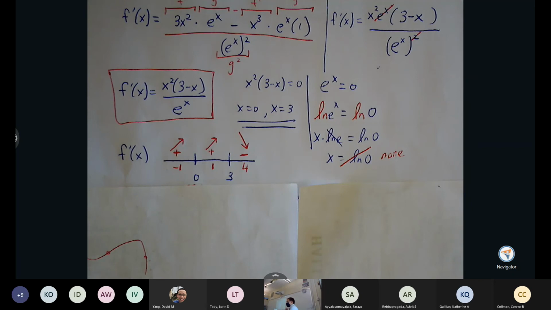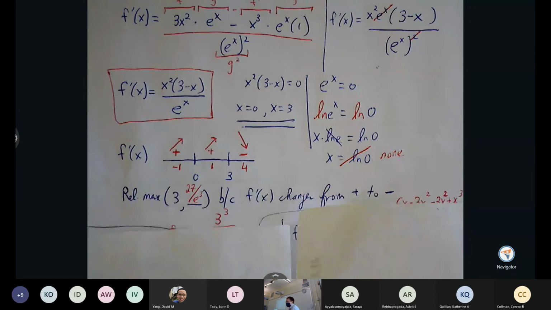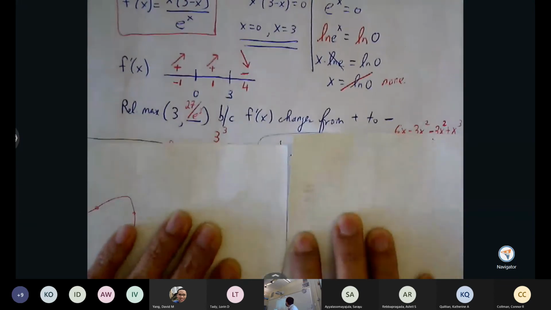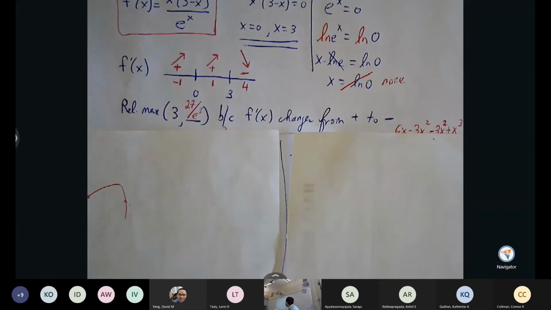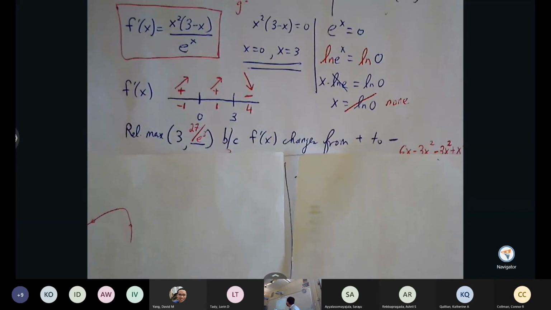I'm not going to ask you to graph it, so just give me that y value. And then if I ask you for justification, you would say because f prime changes from positive to negative. Okay. 27 over e cubed is the y value.